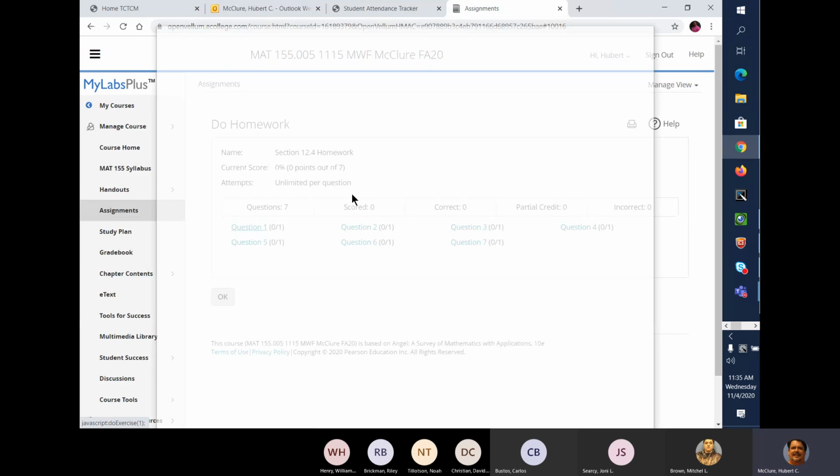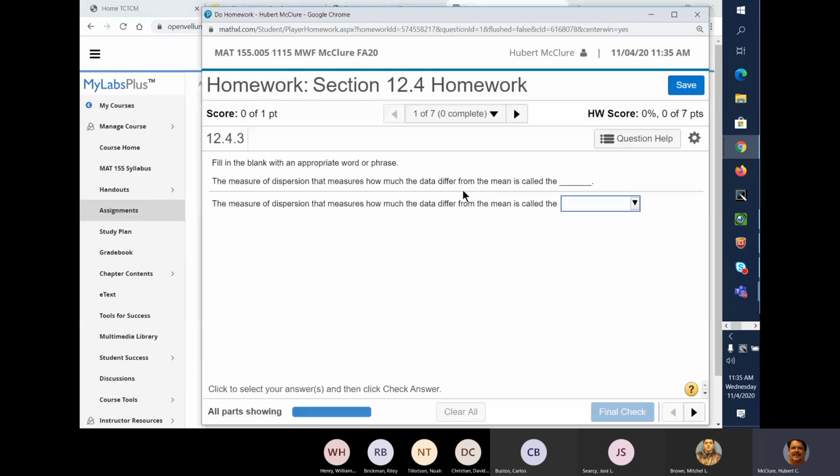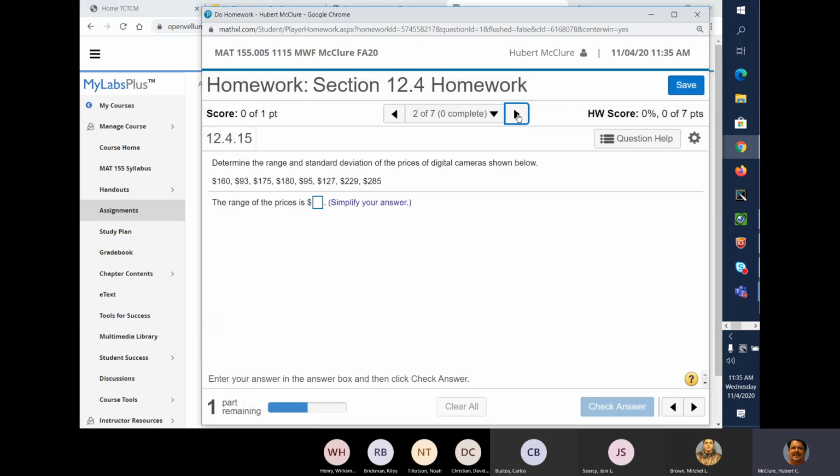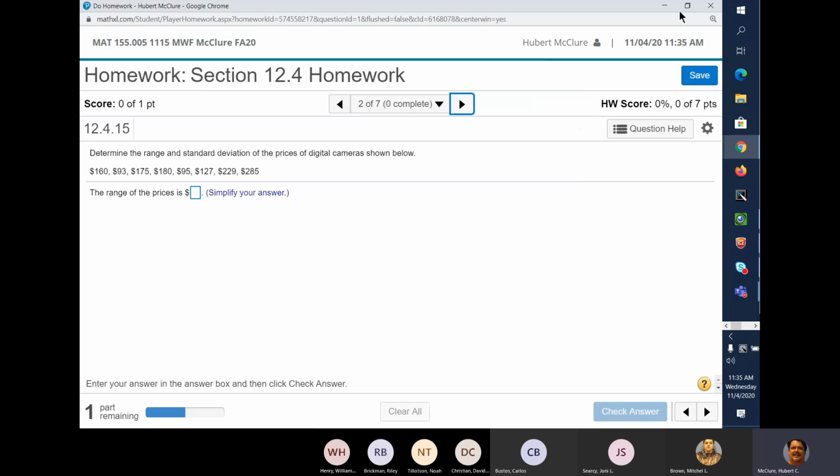Let me find one that's a test question. All right, here we go. Now I'm going to do everything for this. It says find the range and the standard deviation. Everything that we did Wednesday, I'm going to do it on here. And we're going to do it by hand in the Excel spreadsheet so that way everybody can see what I'm doing. But go ahead and write those numbers down. I'll give you about 15, 20 seconds to write those numbers down. Go ahead and put them in order.